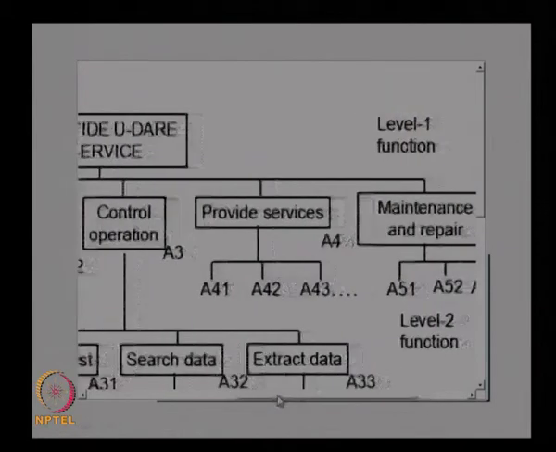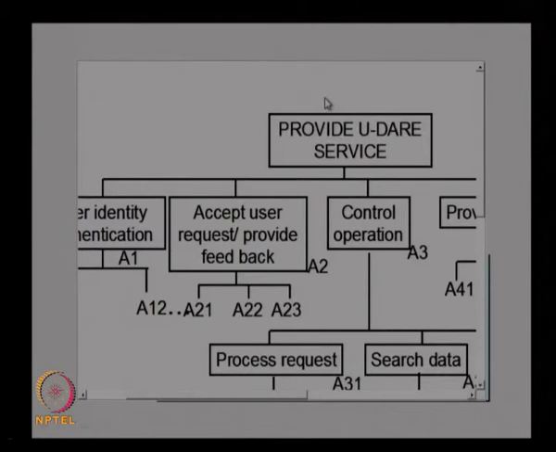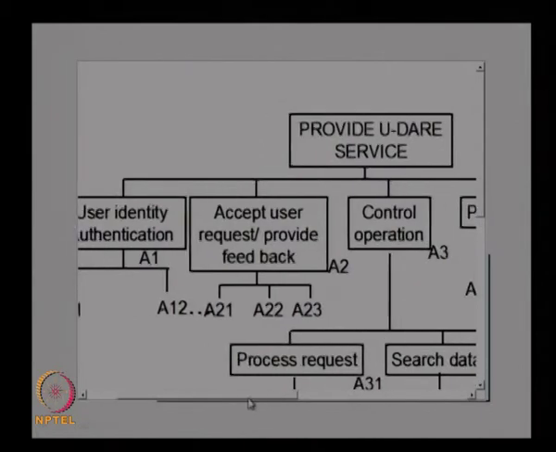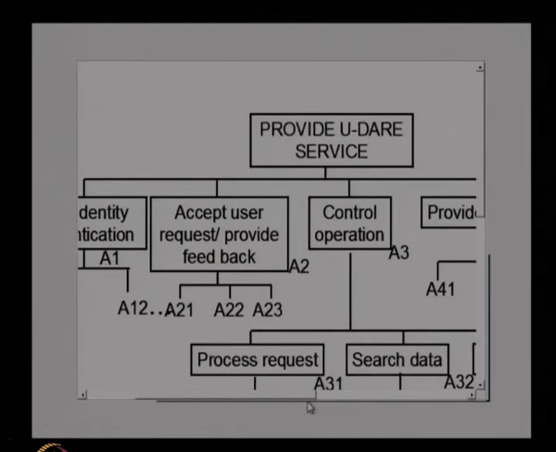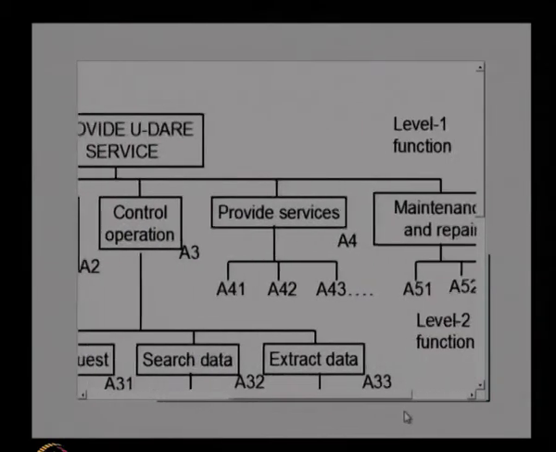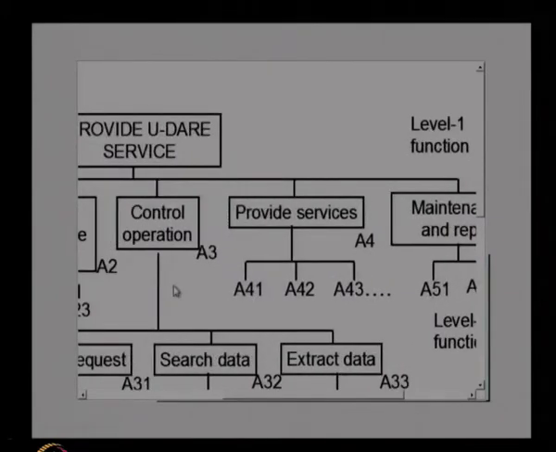So once we have all these functions, we try to prepare a functional hierarchy diagram. We provide the top level function over here, provide UDAIR services, and then write down all the sub functions identified: user identity authentication, accept user request feedback, then control operation, provide services and maintenance and repair. For all these functions we will have sub functions identified through the IDEF0 diagram.